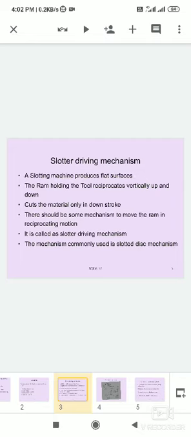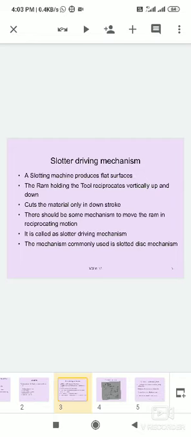The ram reciprocates vertically in the guideways provided in front of the column. It supports the tool head at its bottom, which carries the tool. The metal is cut during the downward stroke.